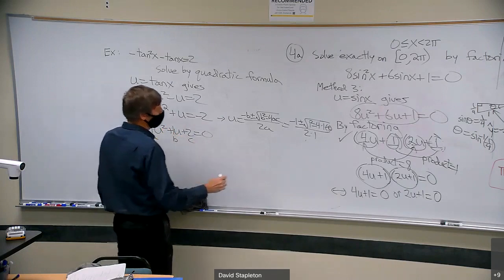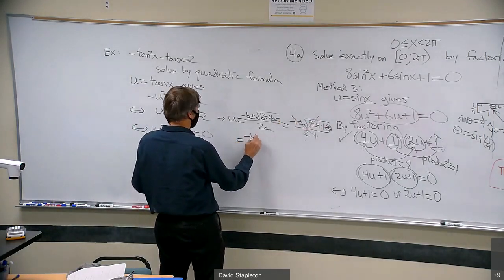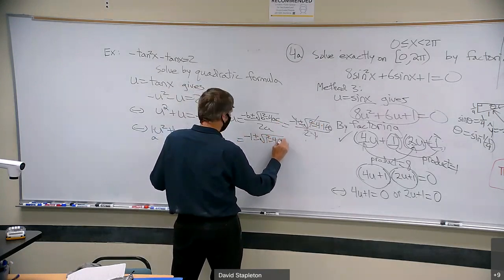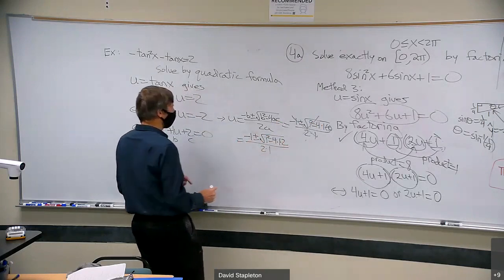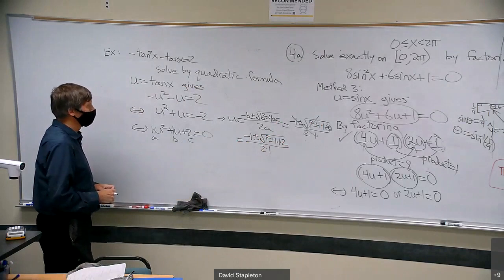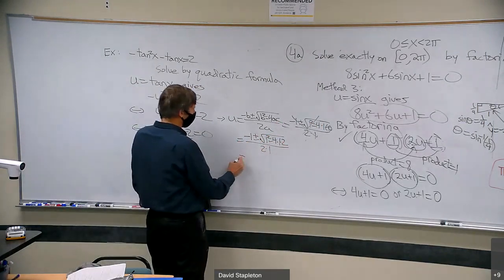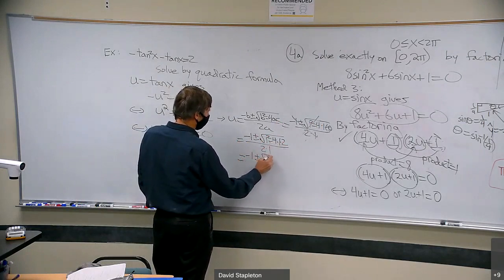Now the quadratic formula applies. It's minus b, which is -1, plus or minus square root 1 squared minus 4 times 1 times 2, all over 2 times 1. So that's what u is. And now I observe this is -1 plus or minus the square root of -7 over 2. What do I know now?